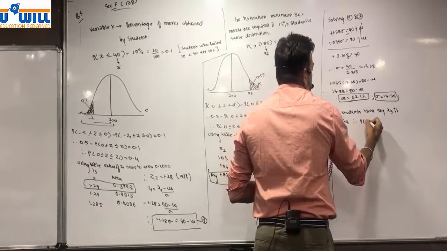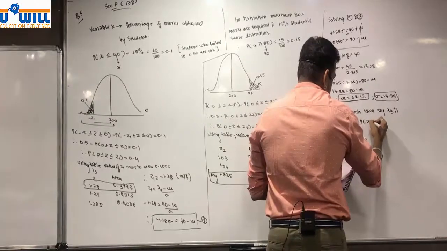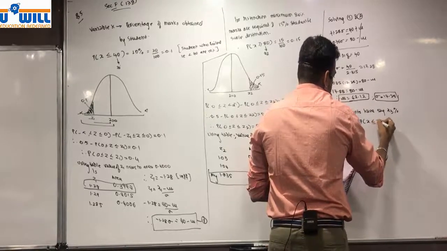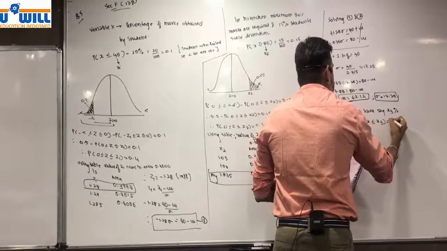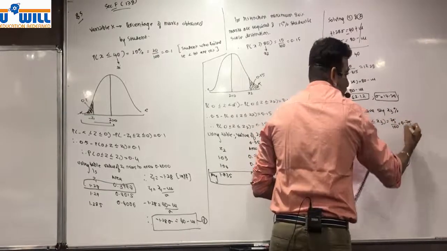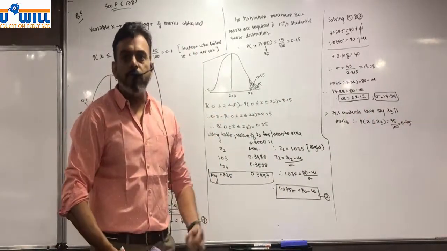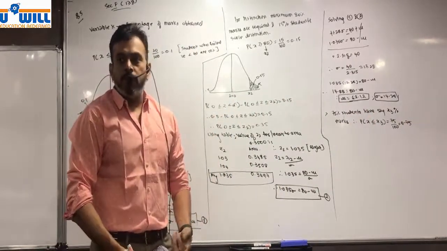Therefore, probability of x less than or equal to x3 is equal to 75%, which is 0.75. Understood this now? All of you understood this? Okay.